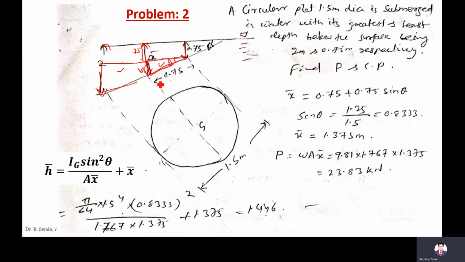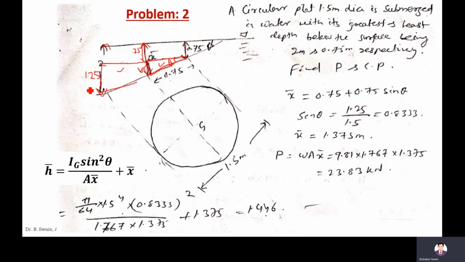So here this 0.75 divided by sin 30 will be, you can take, sin 30 will be, total is 1.5, and this is your 1.25.